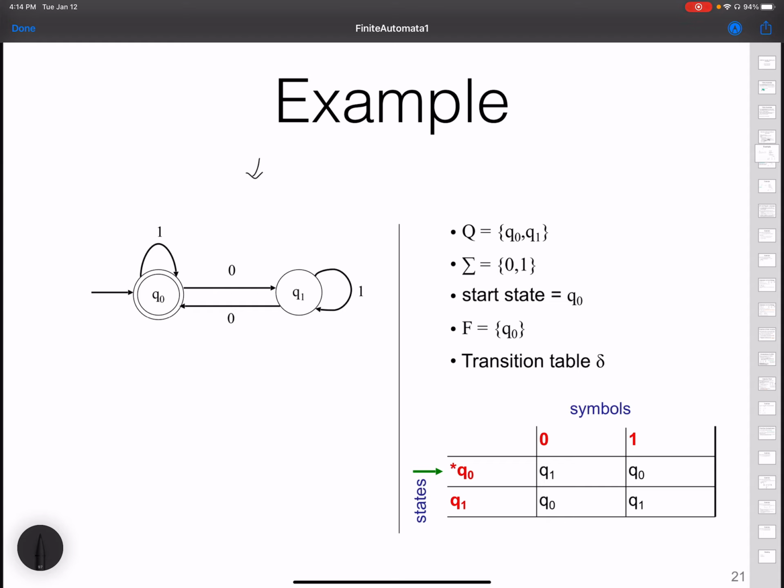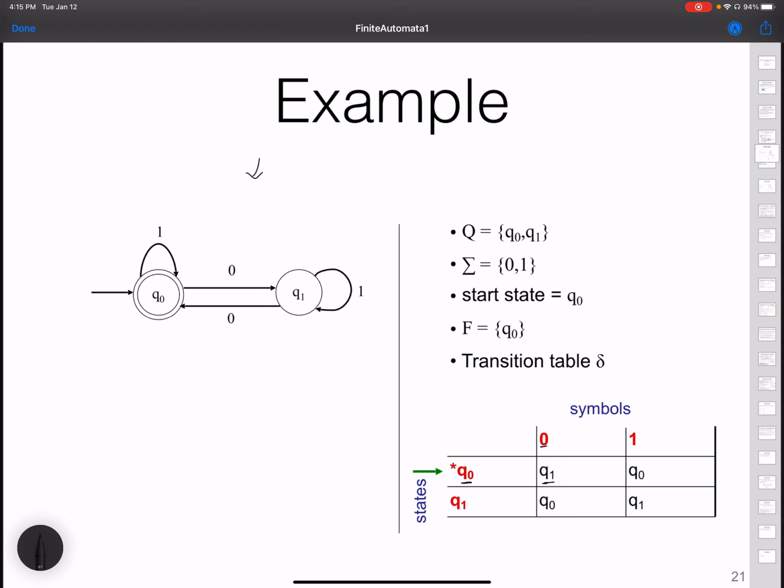On the computer, when we are simulating a DFA, if you write a computer program to simulate a deterministic finite state, it will be represented using a table where the rows represent the states, the columns represent all the input symbols, and the table tells you, for example, that at state Q0, if you read the symbol 0, you will reach state Q1.